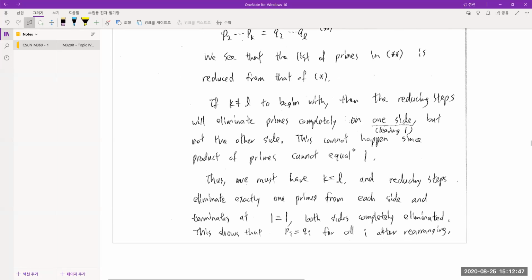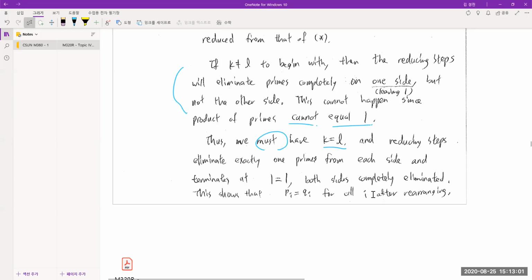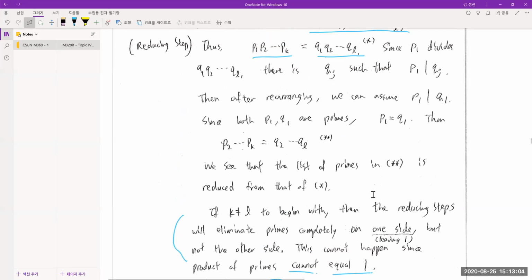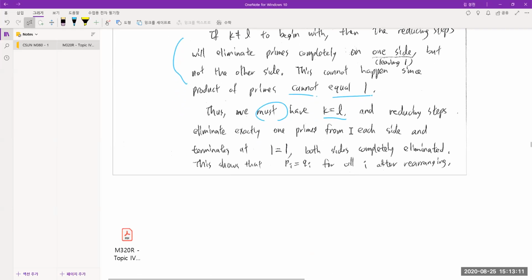So this part gives us that we must have an equal number of primes to begin with. k equals l. Then again, back to the reducing step, going from star to double star. Okay. At each step of eliminating primes, it eliminates one prime from each side.